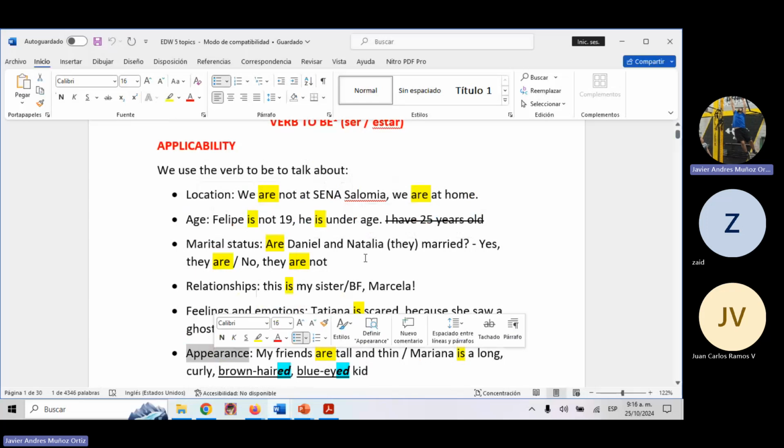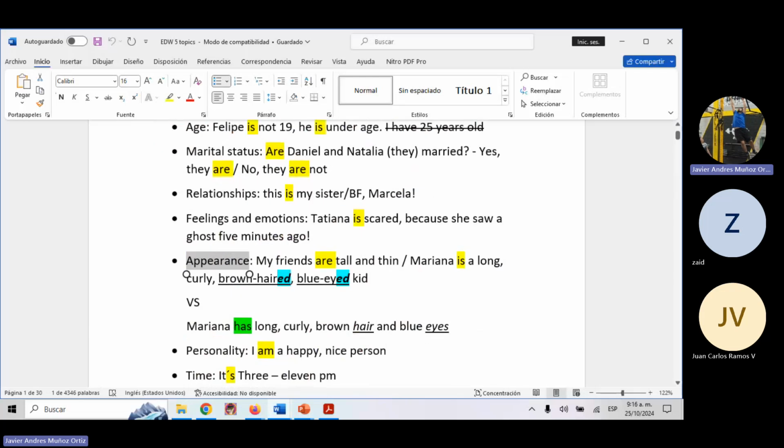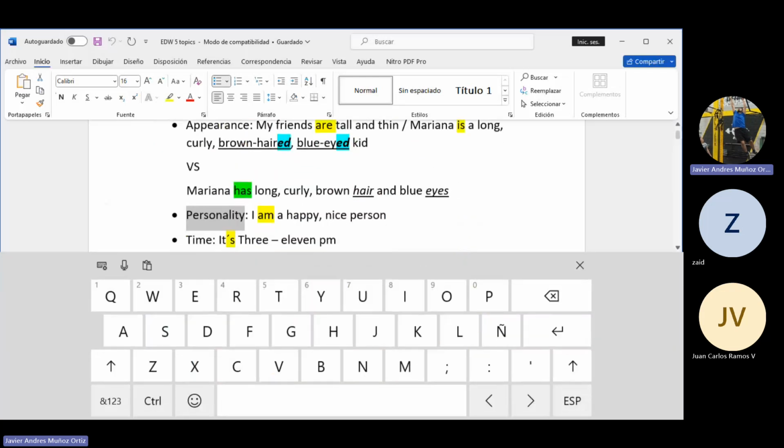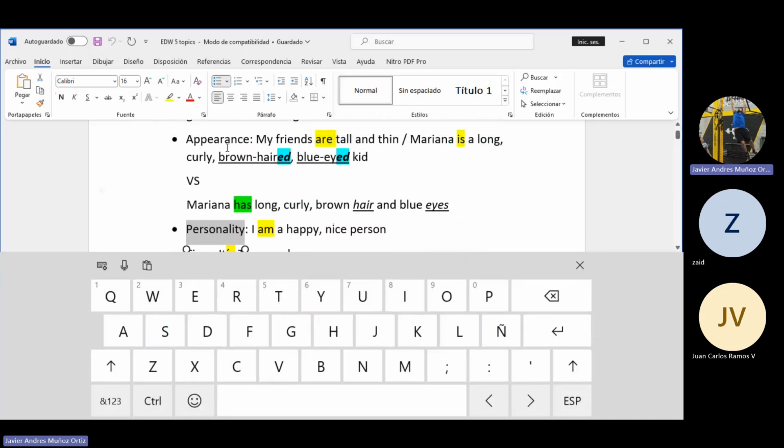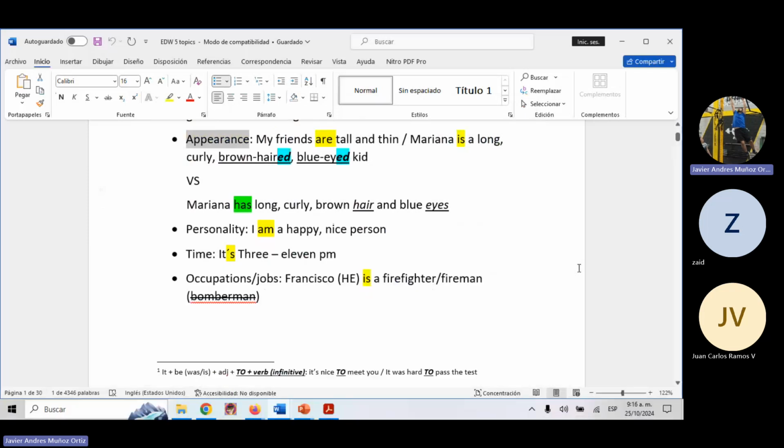To talk about physical appearance, how do you look, right? How do I look? For example, you look tall, or you are tall, handsome, and so on. To talk about personality. The difference between appearance and personality is that with appearance you can see something. You're going to use your eyes mainly, not only but mainly.